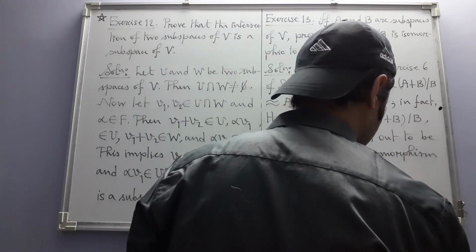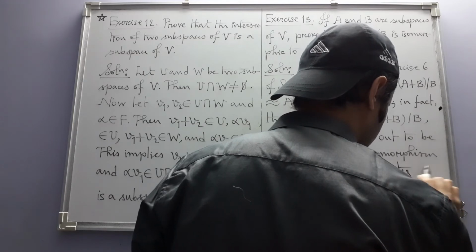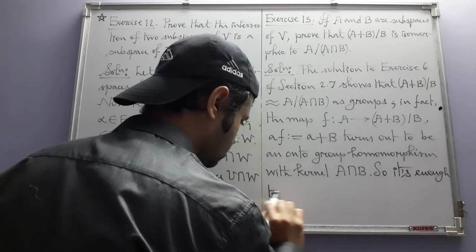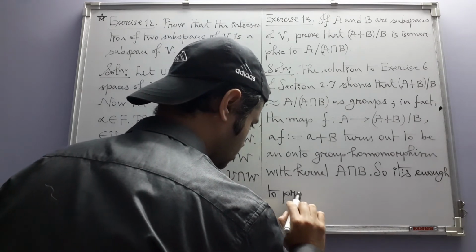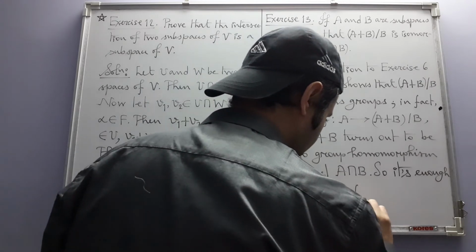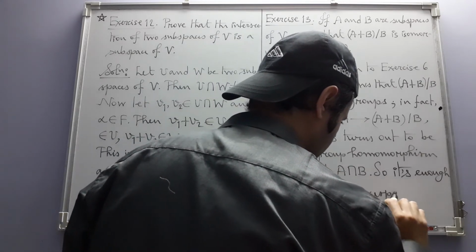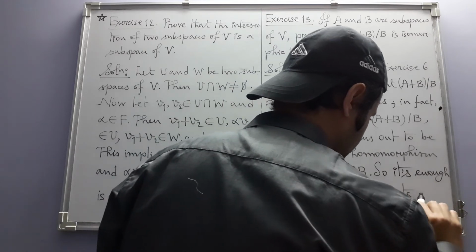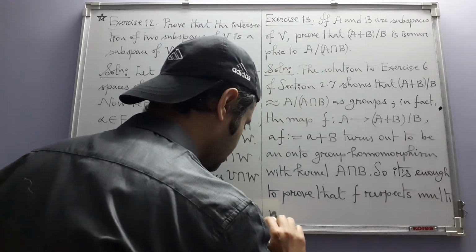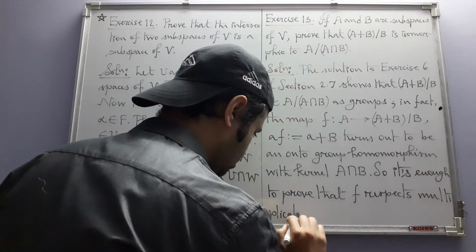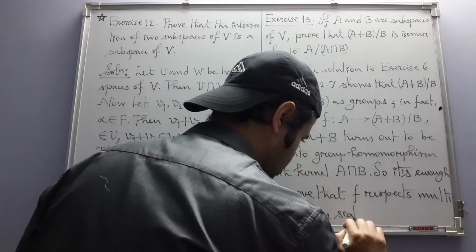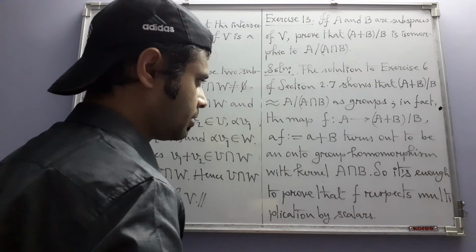So it's enough to prove that F respects multiplication by scalars.